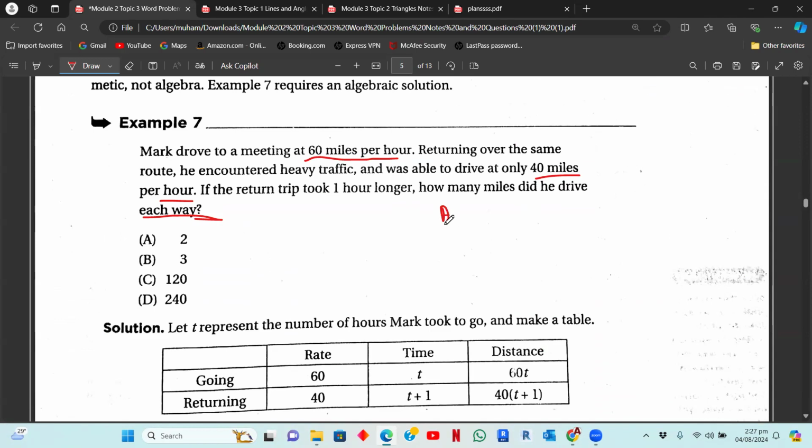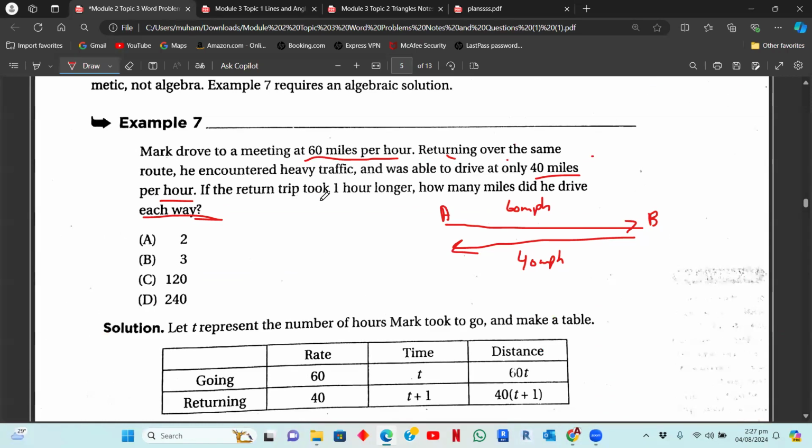Let's say A is the starting point, and B is the point where he has a meeting. He drove at 60 miles per hour. While going, his speed was 60 miles per hour. Returning over the same road, he encountered heavy traffic and was able to drive at 40. So when he was coming back, he drove at 40 miles per hour.